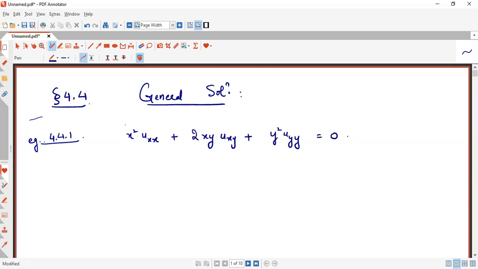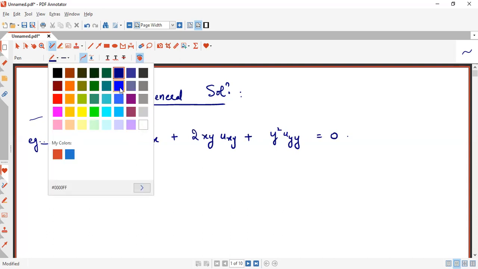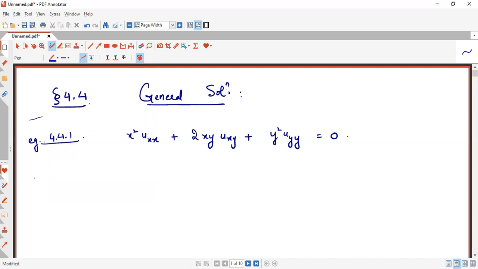Alright. Similar method you will follow. What is R, what is S, what is T? R is x square, the coefficient of uxx. S is with uxy, just 2xy, and T is y square.